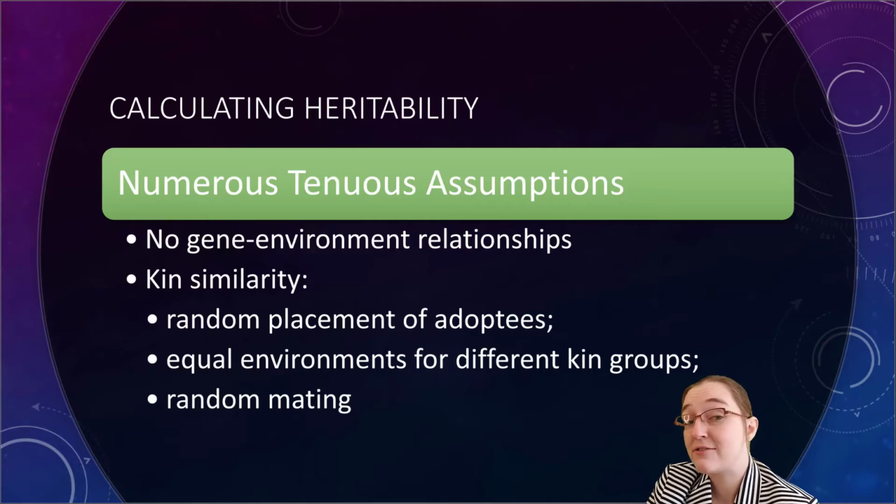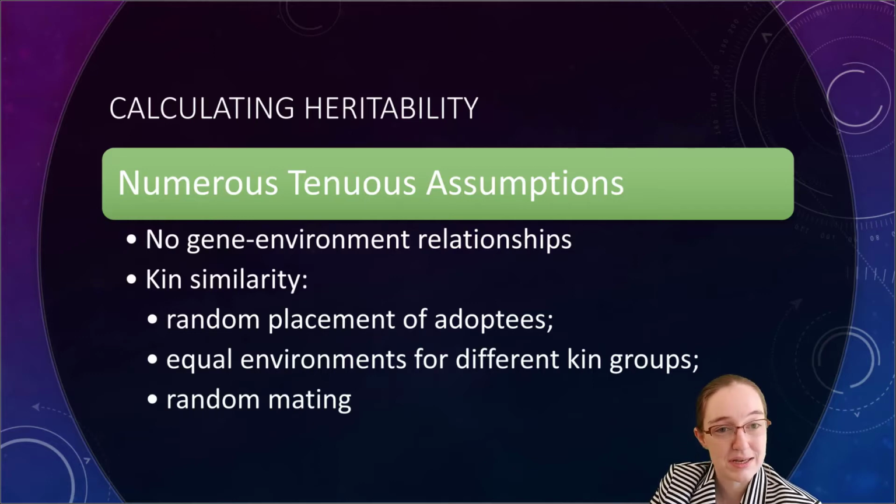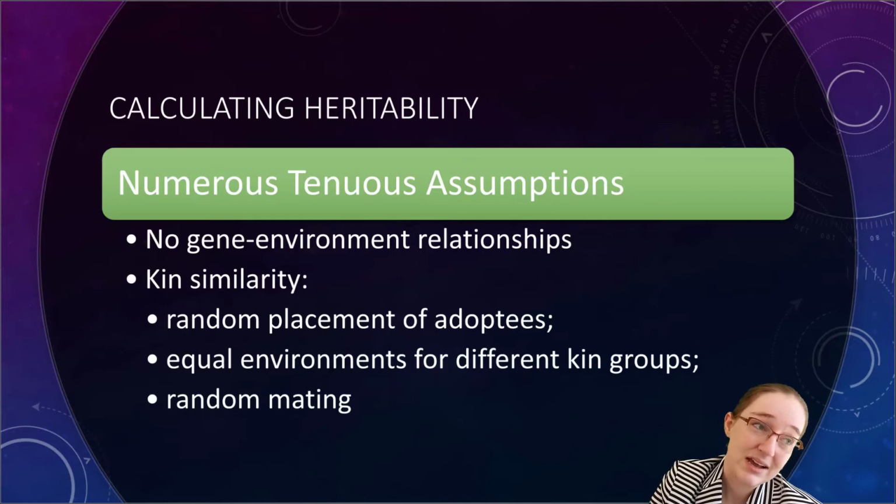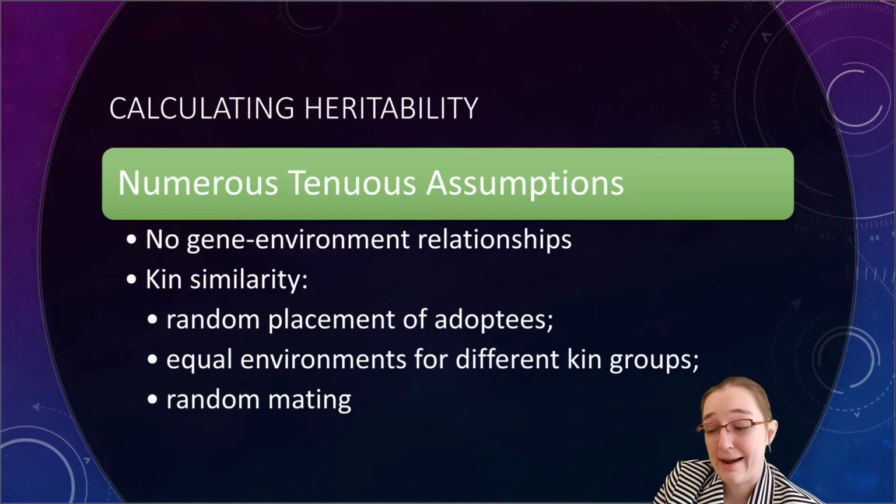So if we were looking at fashion sense, the fact that identical twins are more likely to be dressed the same, then we might have a problem with the model. However, if the only thing that identical twins versus fraternal twins are treated differently on is their clothing, that's unlikely to have an impact on how we understand it.